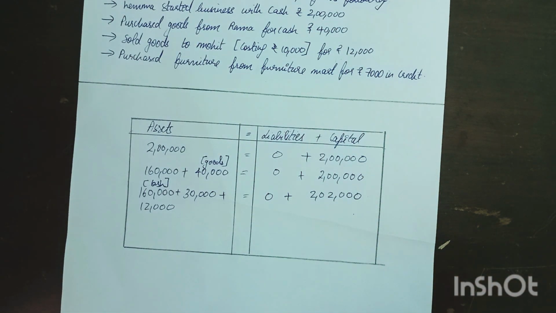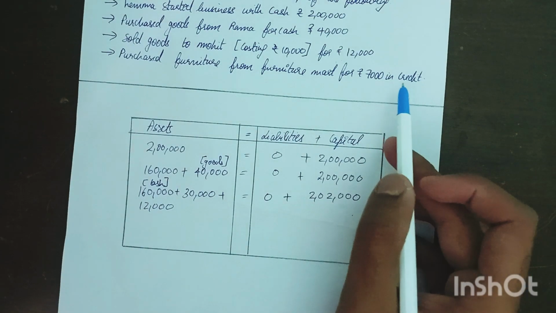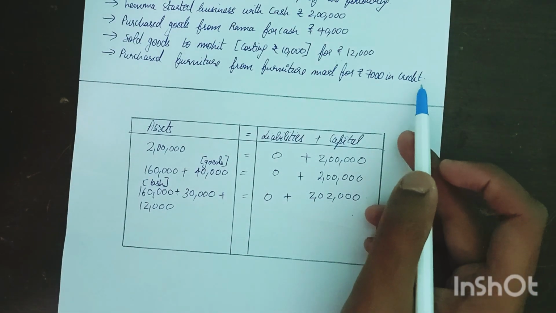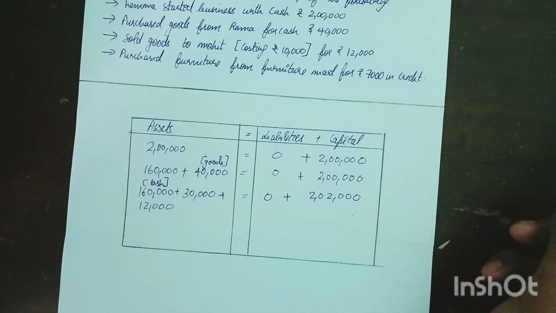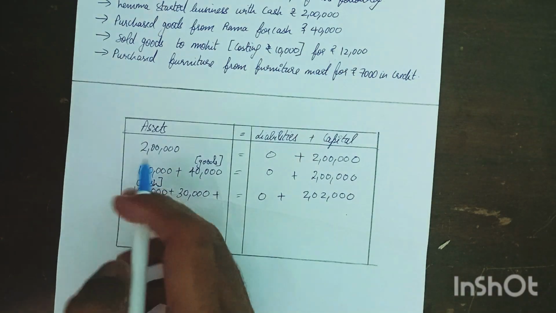Purchase furniture from Furniture Mart for 7,000 in credit. So we are buying it in credit, means we buy it but we don't pay it in advance. We will pay it later.